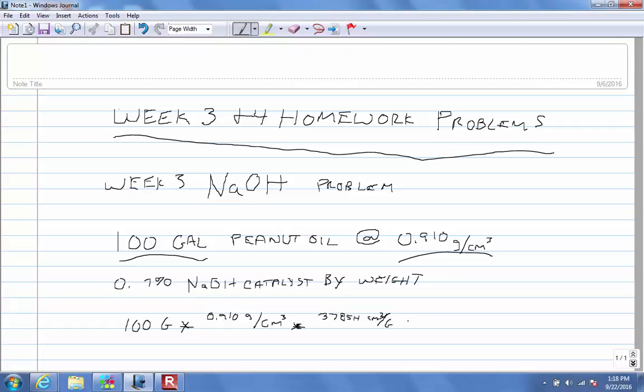So now the gallon part is easy. I'm not so worried about the gallon part, but now I need to figure out how I'm going to get those grams into pounds.